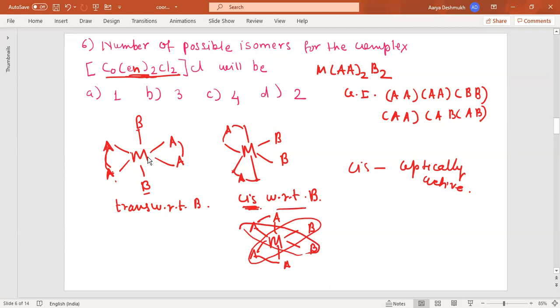So this will be optically active. So here the total number of isomers will be 3. These are the two geometrical isomers, GI equals 2, and out of these, cis is optically active. So 2 plus 1 gives 3 isomers. Stereoisomers are 3.